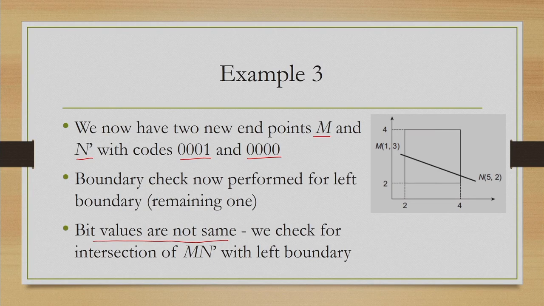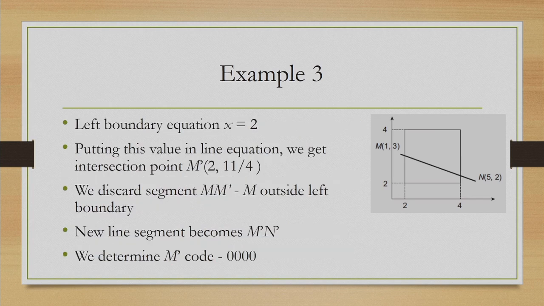That means again there is an intersection with the left boundary, and we check for that intersection point between the left boundary and the new line segment given by the endpoints M and n dashed. Now, we know left boundary equation is x equal to 2. We use this equation and the line equation to get the intersection point M dashed, which is 2 and 11 by 4 here.